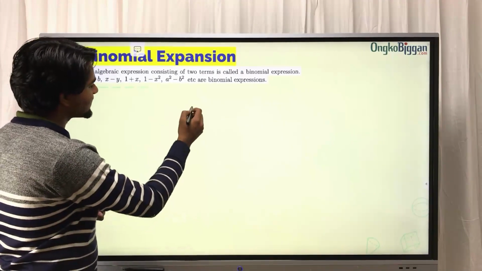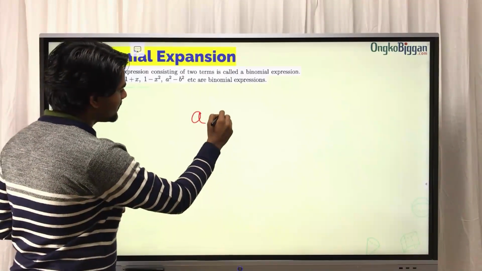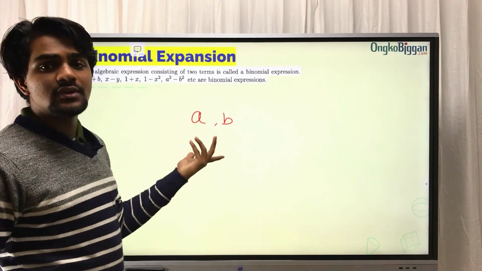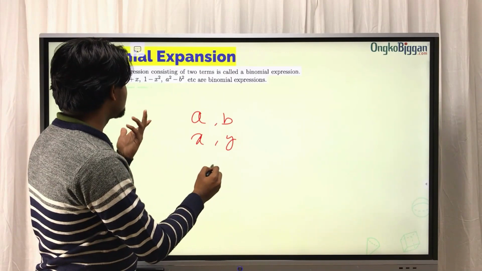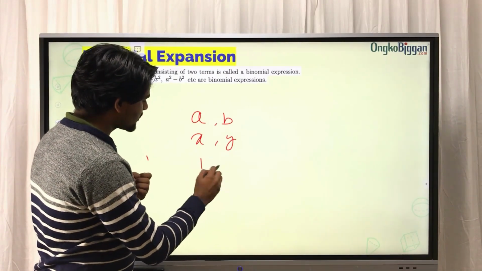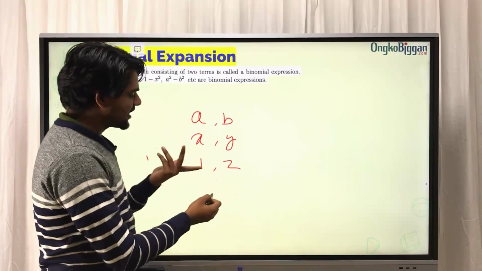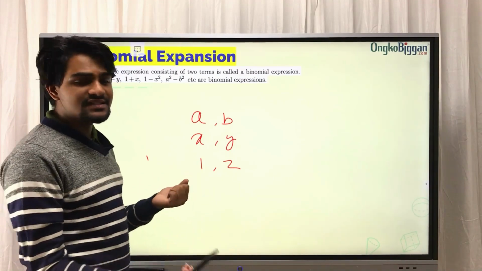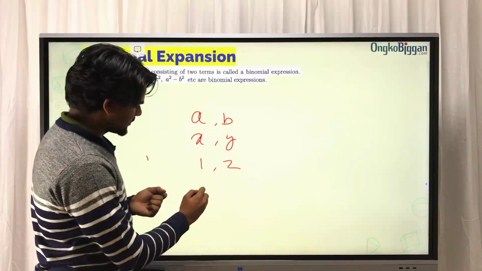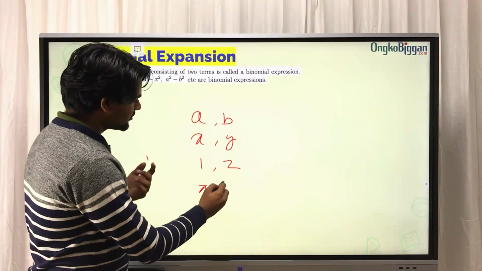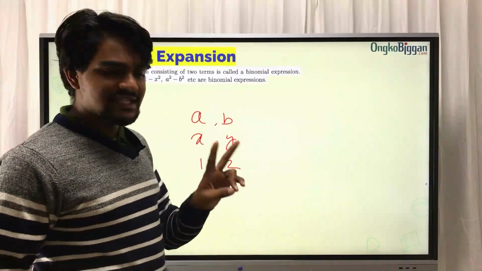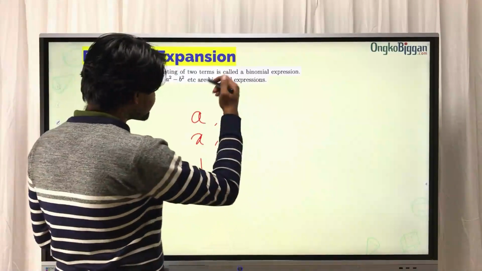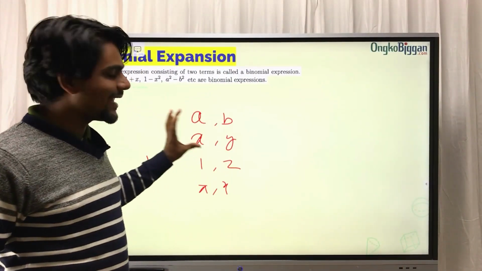For example, the two terms can be a and b, x and y, any number such as 1, or z, or any symbol. I guess it can be pi, x. There will be two terms in that algebraic expression, with a sign in between them.